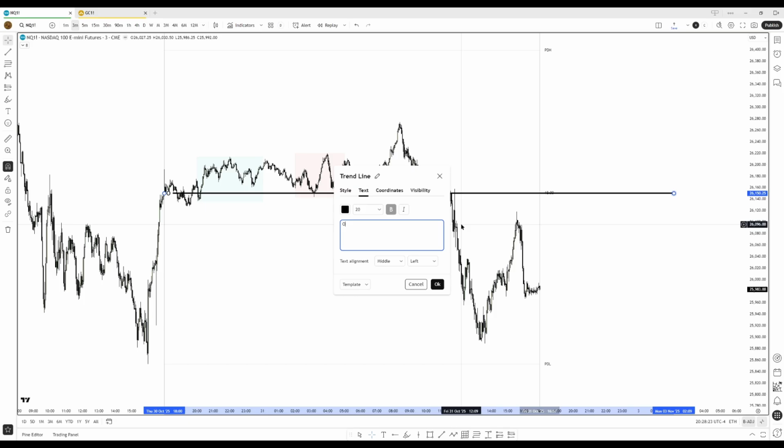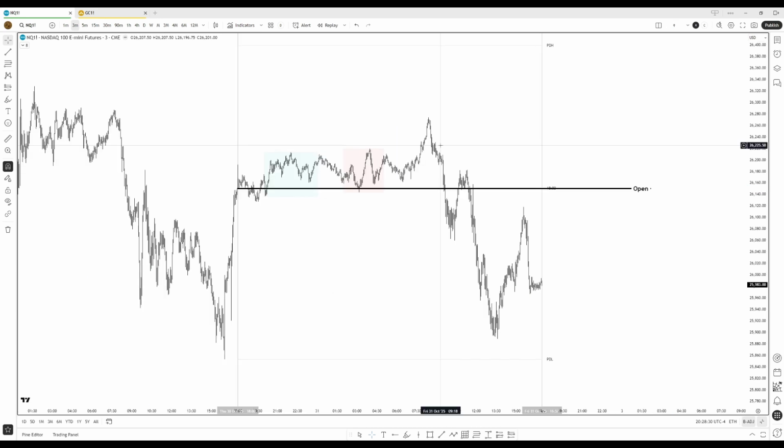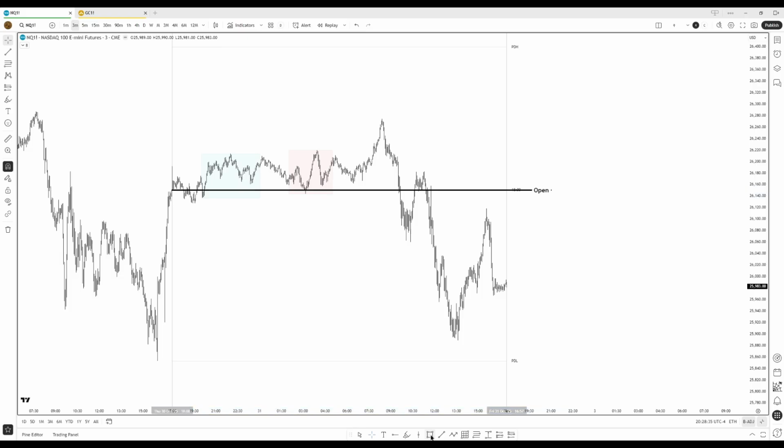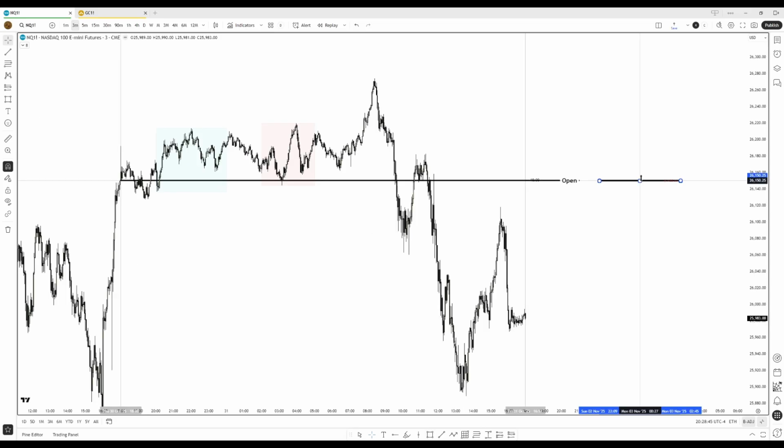Open, put it to the right. Now we can show our candlestick next to it. Let's follow along with price and see how the daily candle printed.